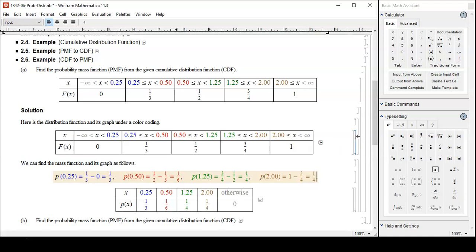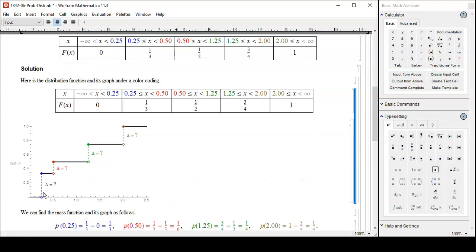Well, graphically, we are looking for this jump, and that jump. And this jump, we get it by subtraction. This jump again by subtraction. This jump again by subtraction, like this. This picture was drawn up to scale, so it's a little bit difficult to see.